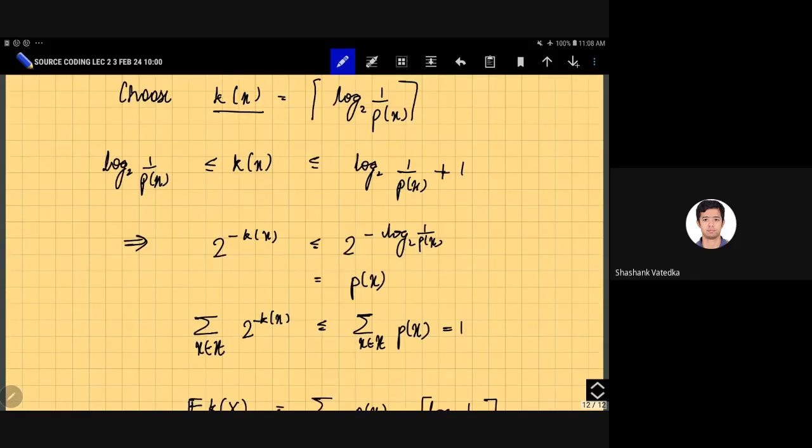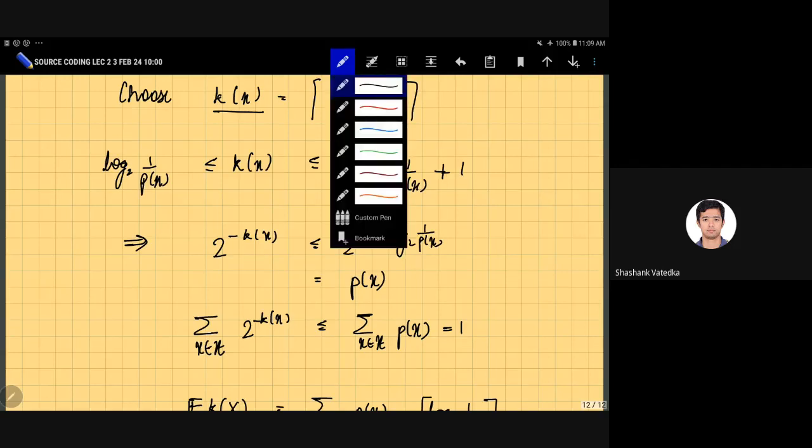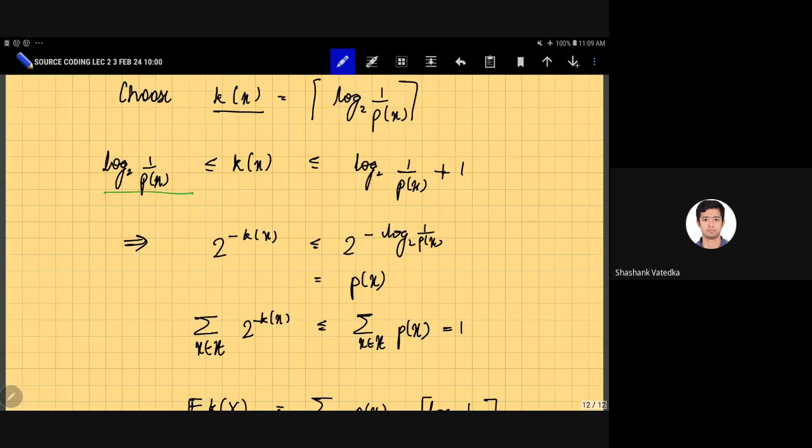Now, if these code word lengths satisfy Kraft's inequality, then we know how to construct a prefix-free code with these lengths. So all we have to do is verify that this choice of code word length satisfies Kraft's inequality. To see that, notice that k of x is ceil of log 1 over p of x, so it is always greater than or equal to log 1 over p of x, and less than or equal to log 1 over p of x plus 1.